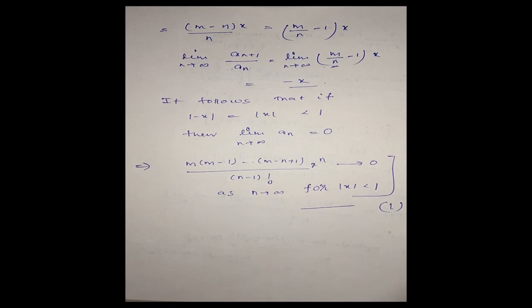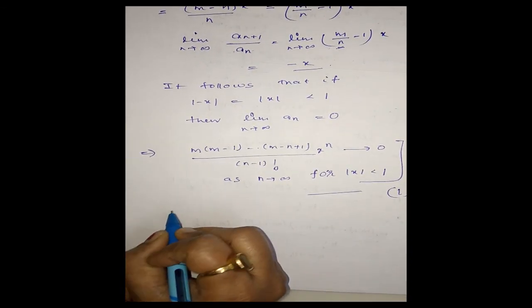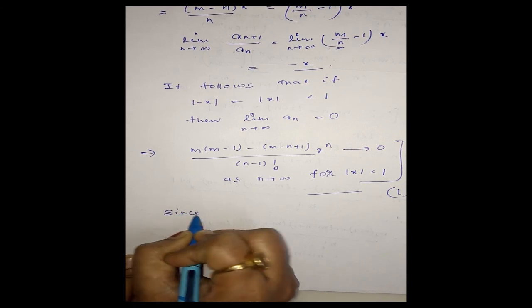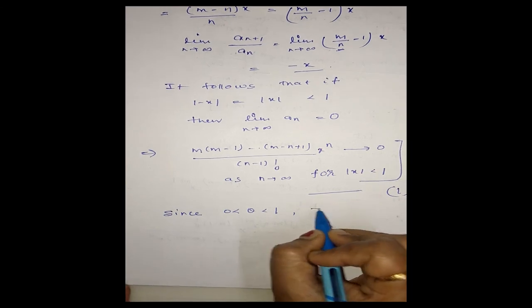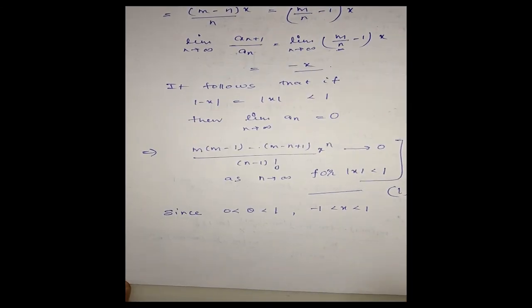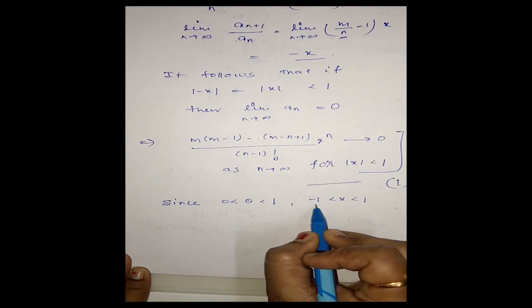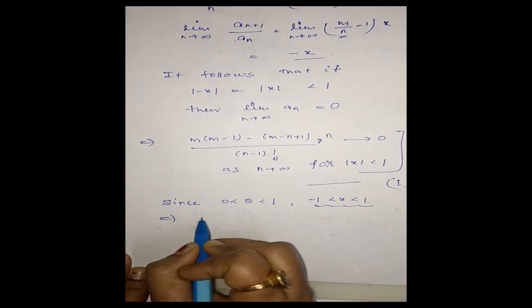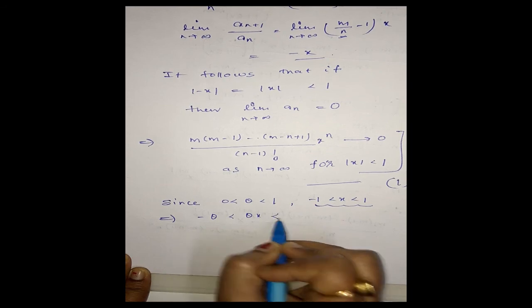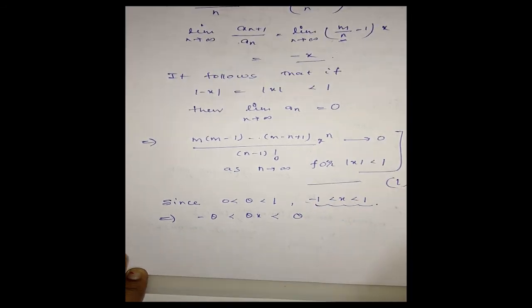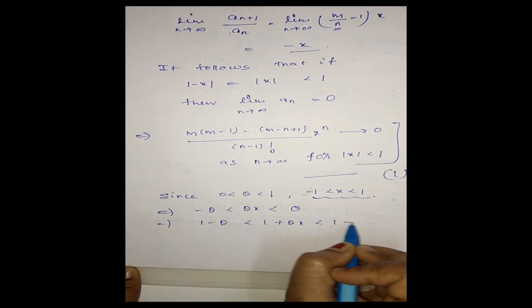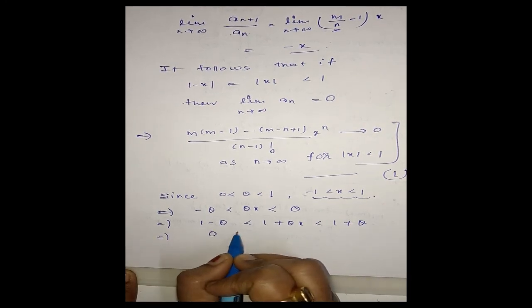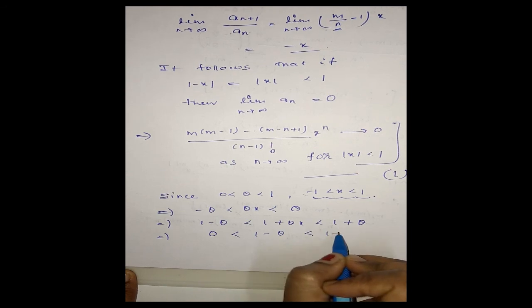Okay, now we will consider the second part, which is (1 minus theta) by (1 plus theta x). Okay, now for this we start with, since theta lies between 0 and 1, and minus 1 less than x less than 1, x lies between this, therefore from this minus theta less than theta x less than theta, multiplying by theta here, and now adding 1. Okay, now this is 0 less than 1 minus theta less than 1 plus theta x.